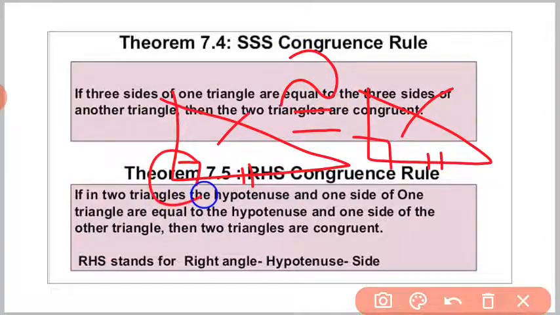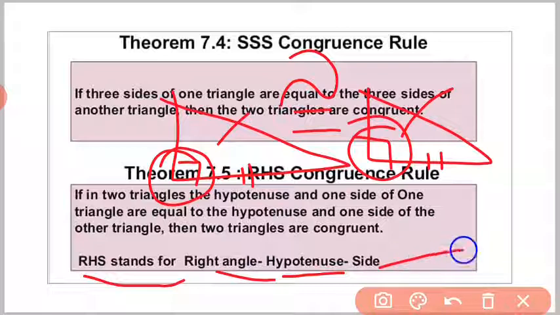Notice that this angle is not included between the equal sides. If you take two triangles whose hypotenuses are equal and one of the sides is equal, then the triangles are congruent. RHS stands for Right angle, Hypotenuse and Side.